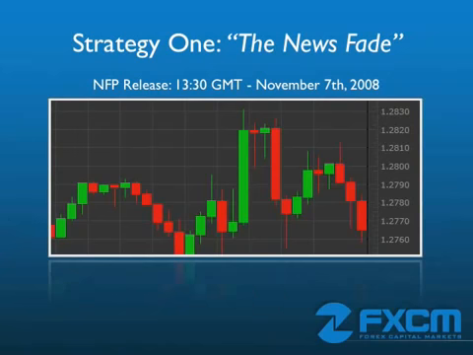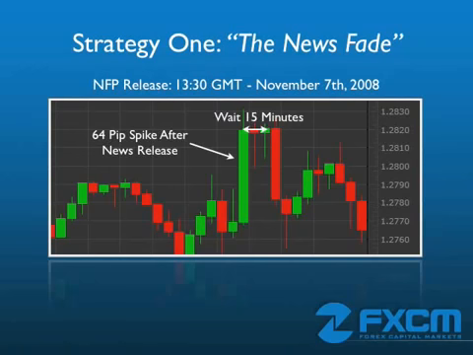After looking at the global economic calendar, I can see that NFP comes out at 13:30 GMT on November the 7th. If we pull up a euro-dollar chart for that time, we can see that the euro-dollar spiked up about 64 pips after that release.